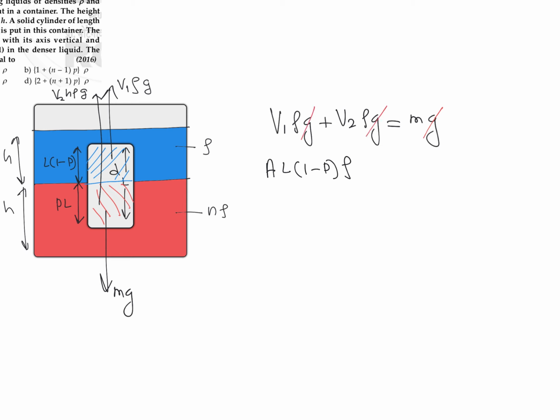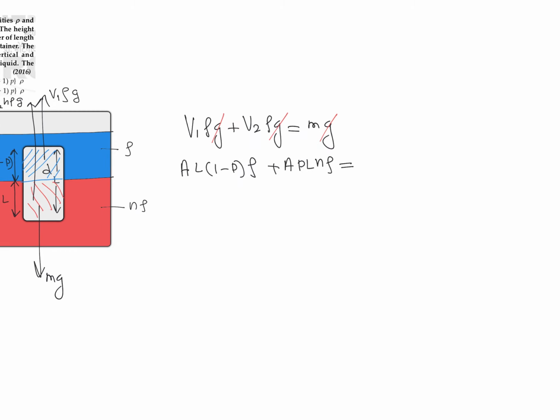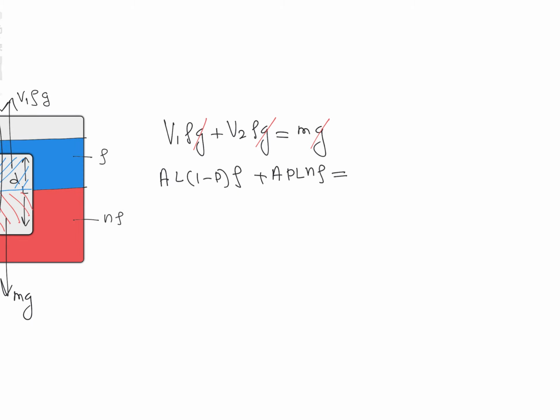Plus the volume in the second liquid, area into length, which is P into L, times the density n into rho, equals mg. The mass we can take as density of the object D times volume, which is area into length.